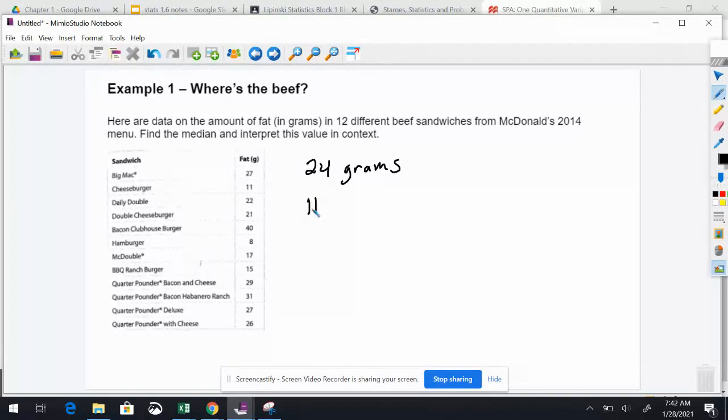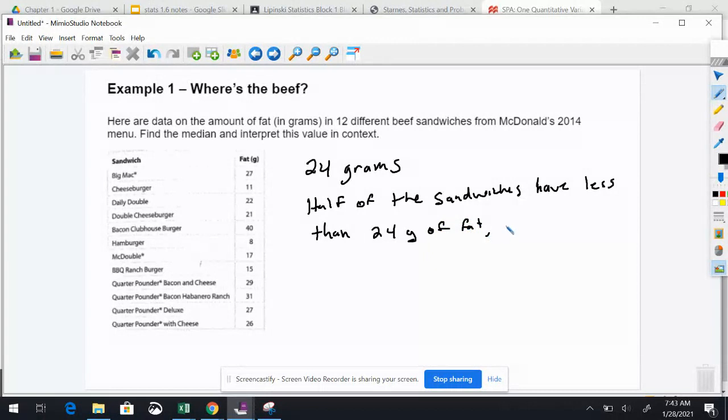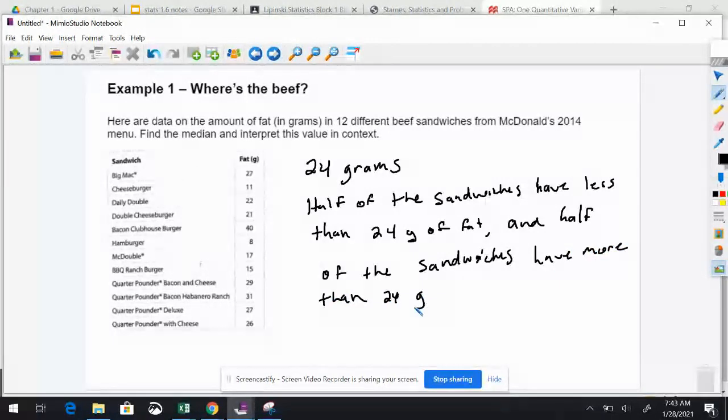That means that half of these sandwiches have less than 24 grams of fat, and half of the sandwiches have more than 24 grams of fat.